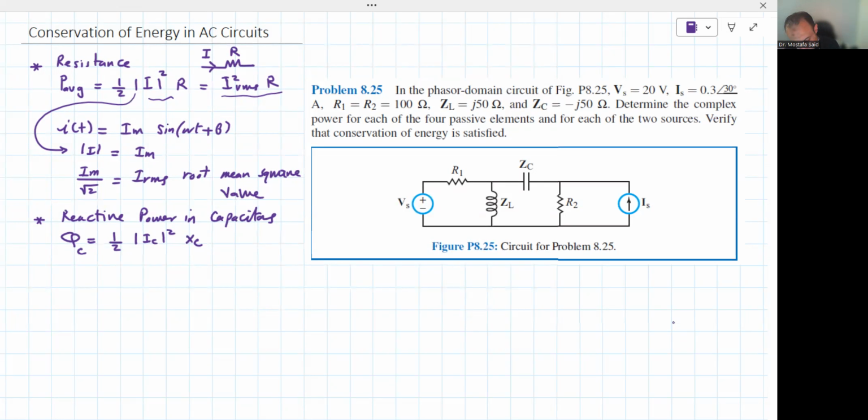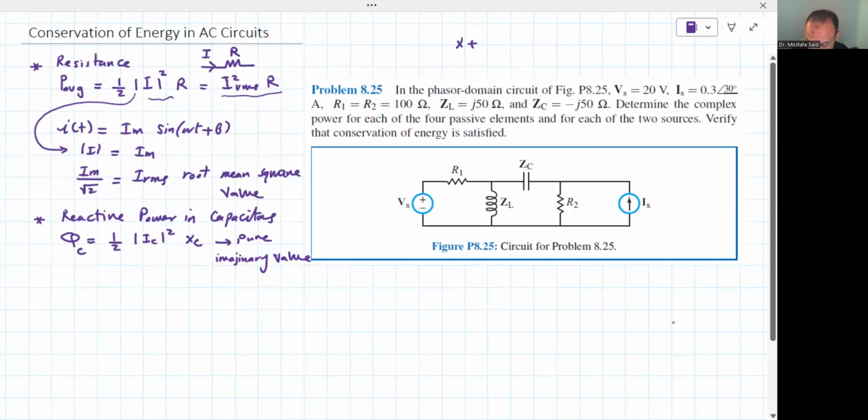And you see something here: this value is imaginary, pure imaginary. It has no real part. Any complex number is x plus jy.